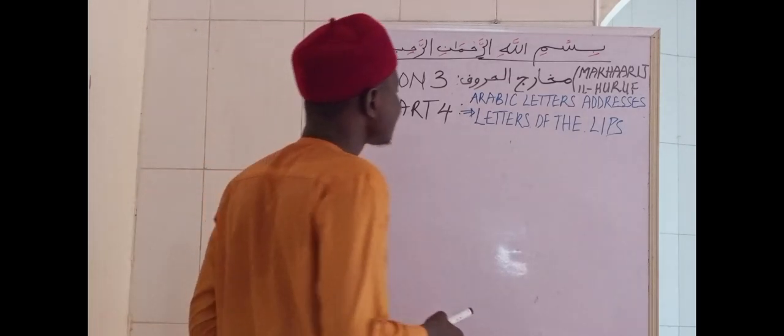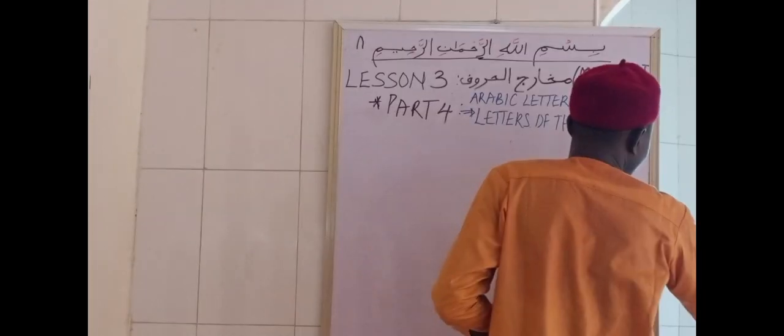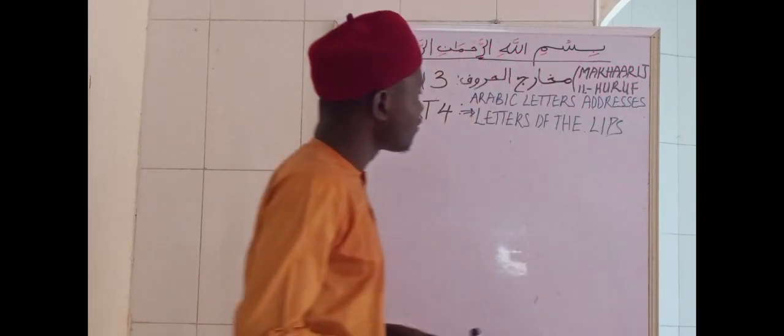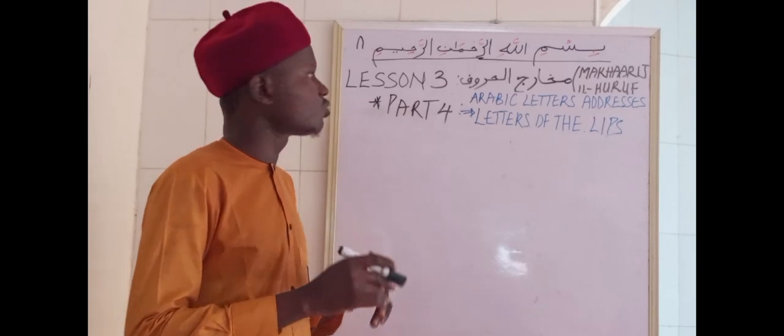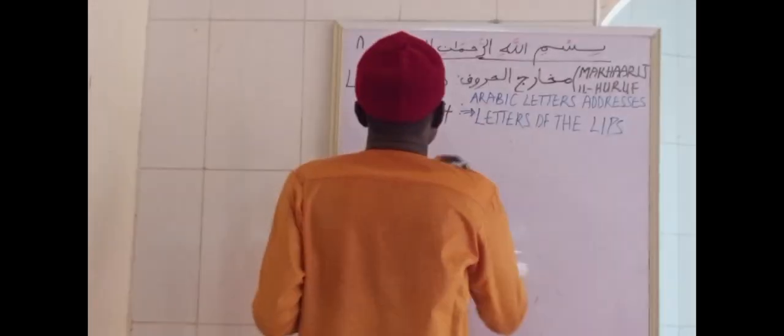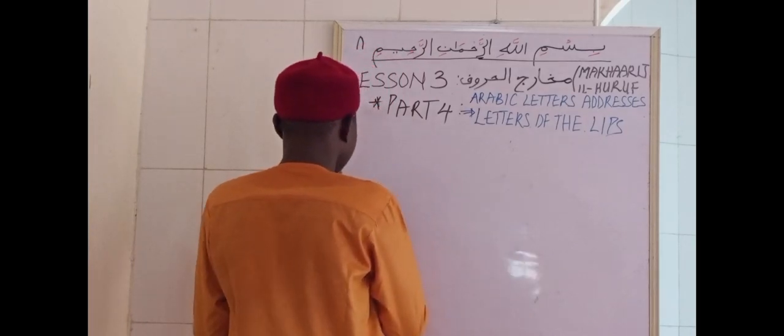The letters of the lips are just 4, because we've covered 24 so far. 6 plus 18, 24. We are left with only 4.